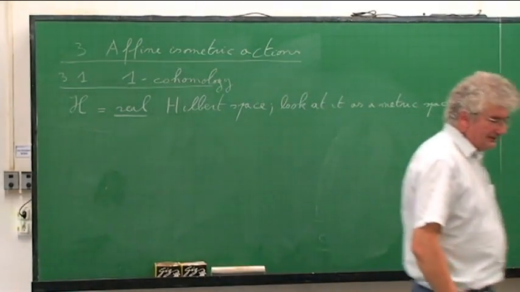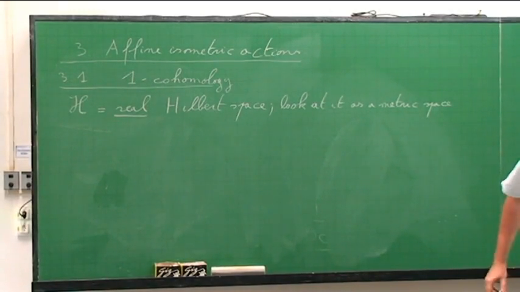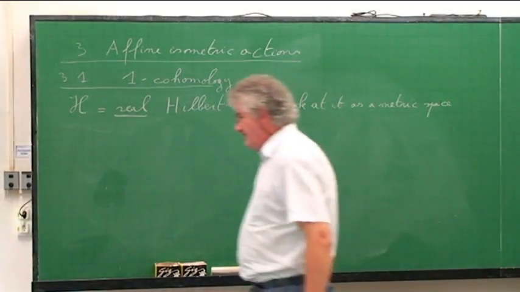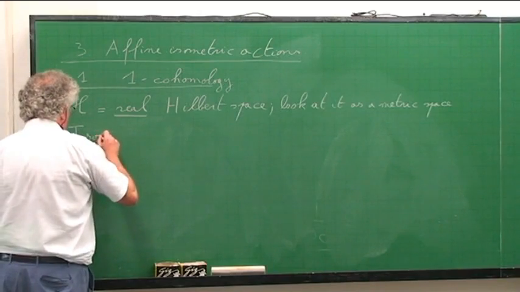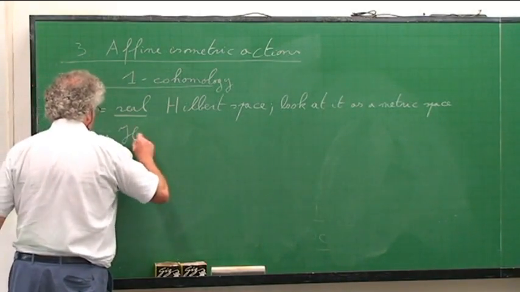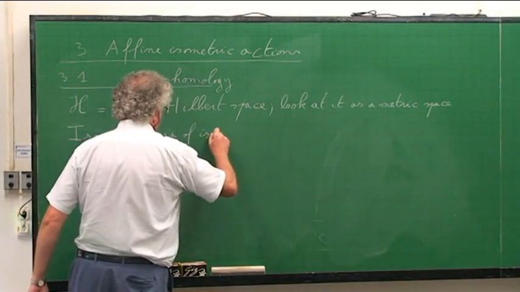So forget the vector space structure, just keep the metric. Then as a metric space, it has a group of isometries, the group of isometries of H.